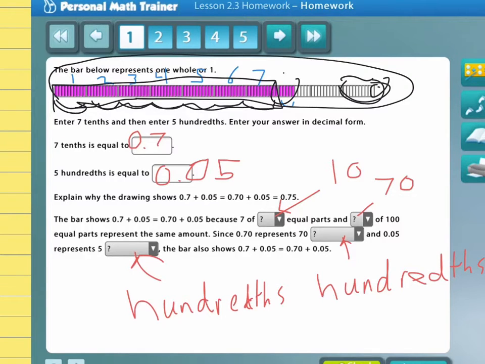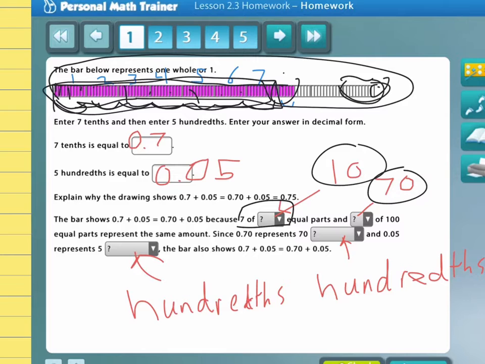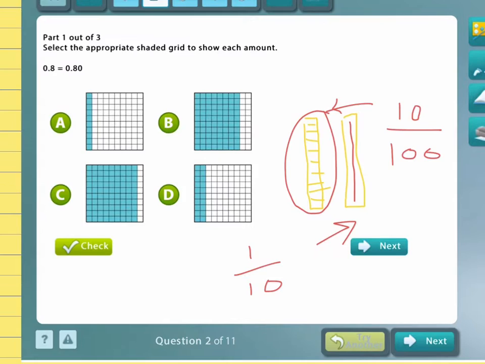When you put those together, 7/10ths is the same as 7 out of 10, and that's equivalent to 70 out of 100, because if you counted each of the little parts here, you would end up with 70. So that would be 70 hundredths, and then you add the 5/100ths to that, and you would get 75 hundredths. So 7/10ths is equivalent to 70 hundredths, and 5/100ths. Put those together, you get 75 hundredths.